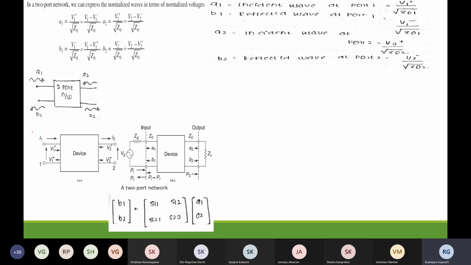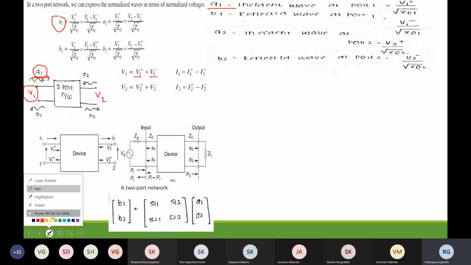Now another aspect to look at is this parameter, that is, what A1 is given by. A1 is associated with the incident parameter. If V1 is the voltage at this point and V2 is the voltage at this point, V1 and V2 will again be divided into two parameters: the incident and the reflected voltages.